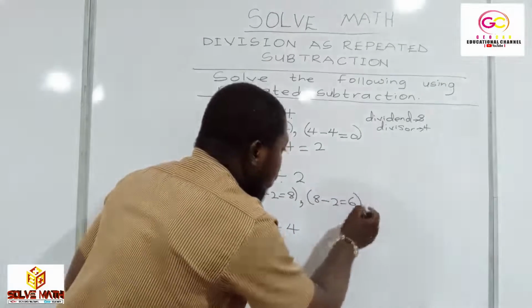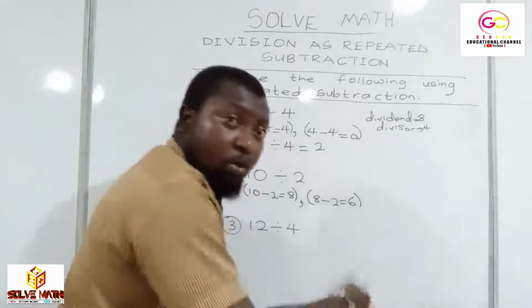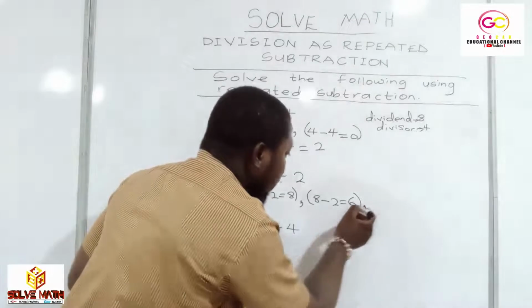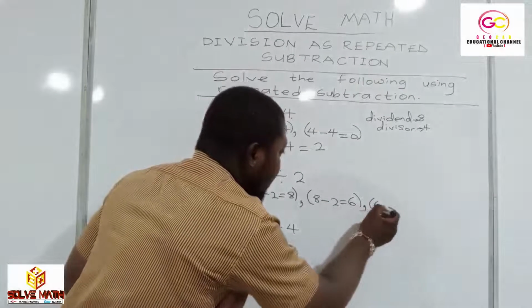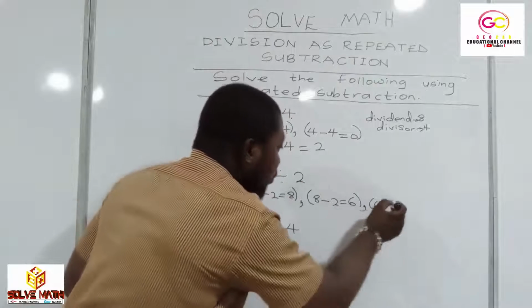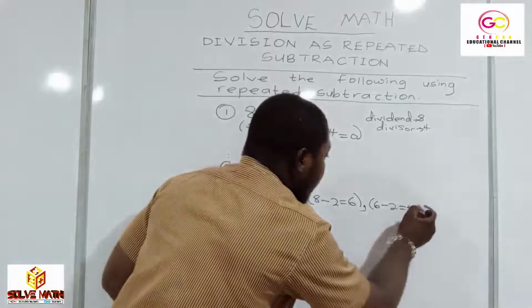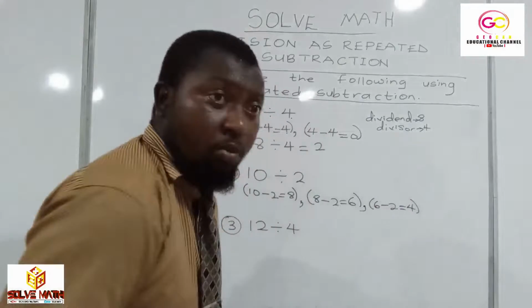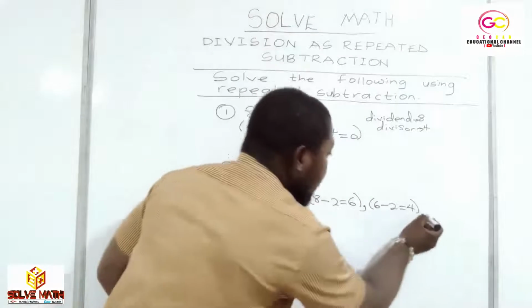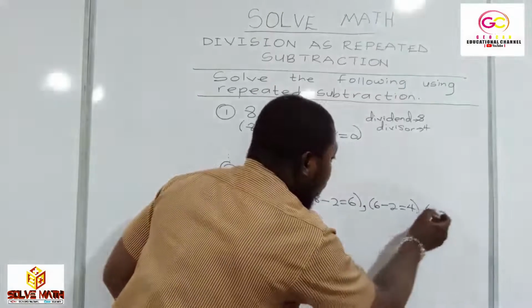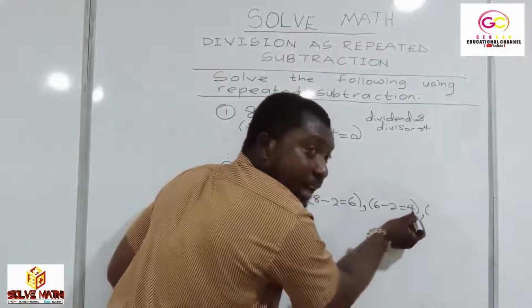6. Good. So still, we don't have 0, so we keep on subtracting repeatedly the divisor from 8. So we have 6 minus the divisor, which is what? 2. 6 minus 2 will give us what? 4. So still, we are not done because we don't have 0. So now, 4, the number here, you can see that, right?